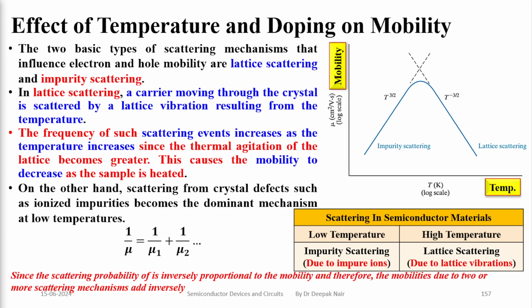The first is impurity scattering, and these scatterings are dominant at low temperatures. The second is lattice scattering, which is generated due to the vibration of lattices, and these scatterings are dominant at higher temperatures.